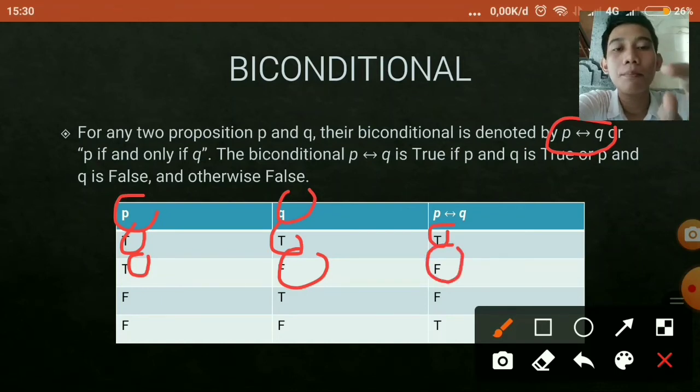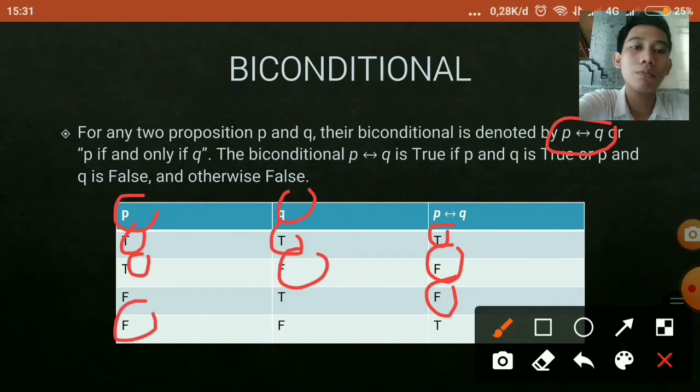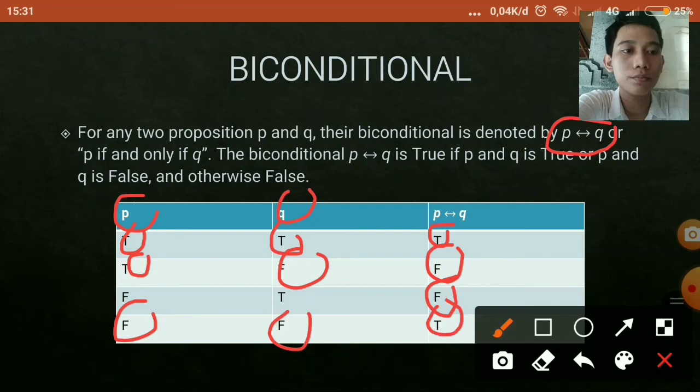Next, if P is false and Q is true, then P if and only if Q is false. And the last one is if P is false and Q is false, then P if and only if Q is true.